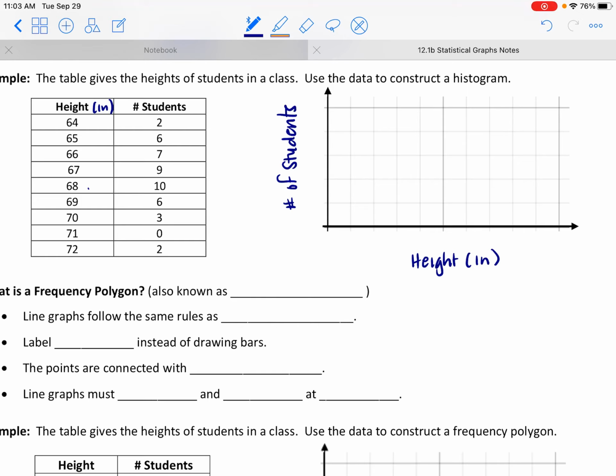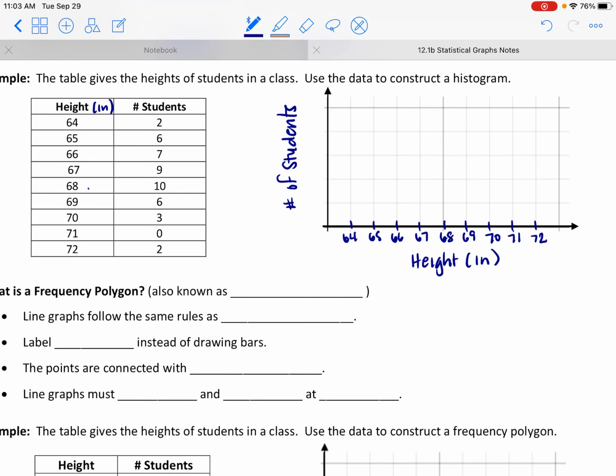Okay, so the heights, again, we're starting at 64. So 64, 65, 66, 67, 68, 69, 70, 71, 72 as high as we go, so that fits perfectly.